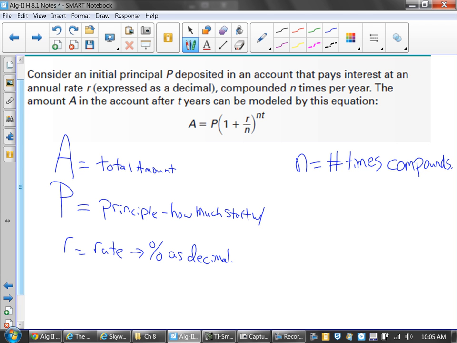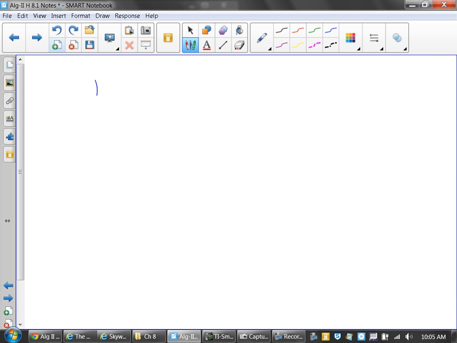Okay? So, for example, let's use the analogy of a bank account. Let's say I go to the bank and I'm going to deposit my principal amount of $500 into a savings account that has a savings rate of, I don't know, 2.75%. I don't know if that's right.